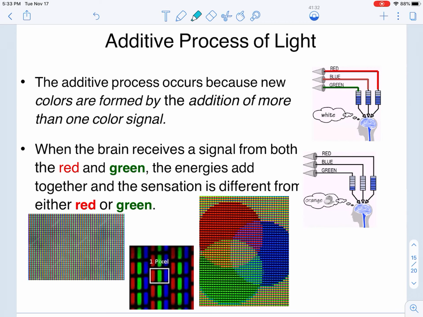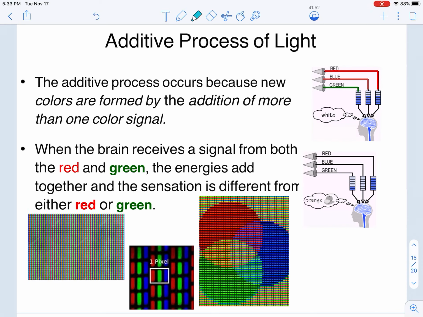So we identify these as the primary colors of light because this is what our eyes are capable of detecting. Now, if our brain receives a signal from the eye nerve that says there's red, green, and blue light present, then it's going to recognize that as white. But there's one more piece to it.